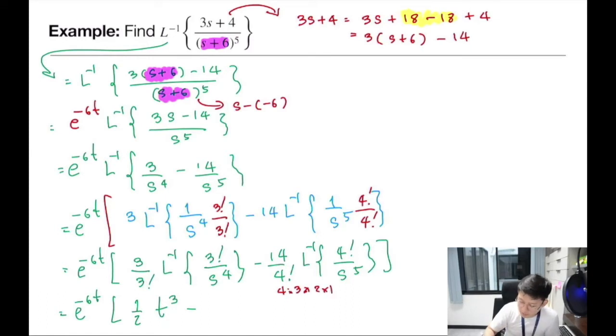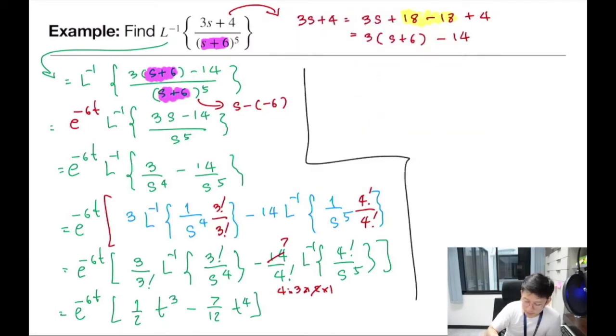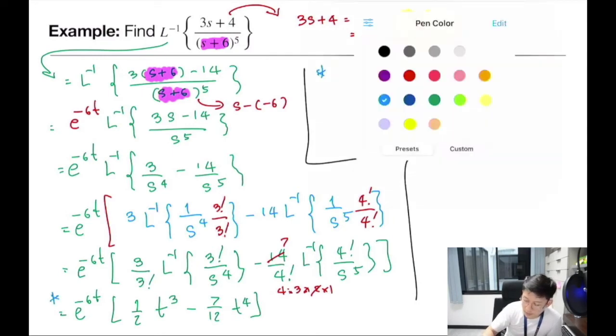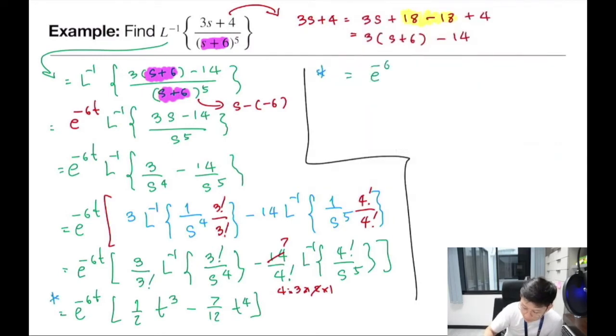So if I change it here, it will be 7 divided by 12 L inverse of 4 factorial divided by s to the 5, that would be t to the 4. So we would have e to the minus 6t, 1/2 t to the 3 minus 7/12 t to the 4.